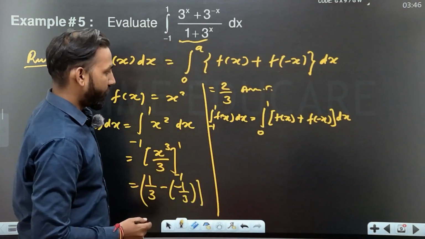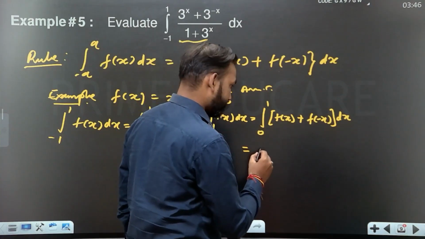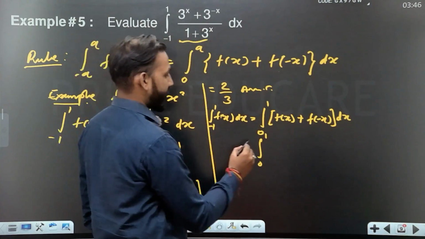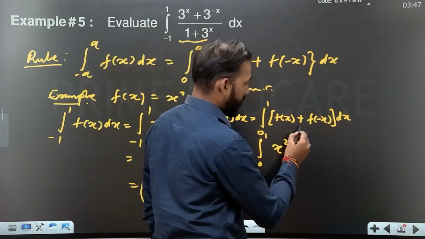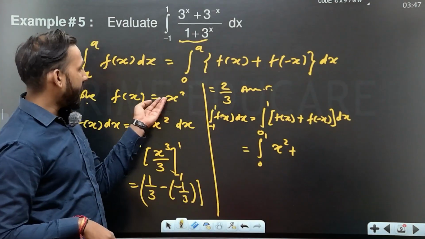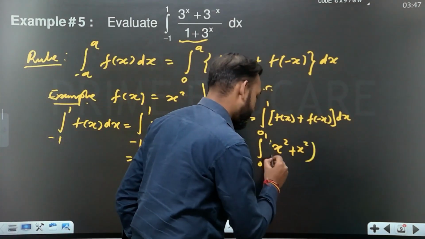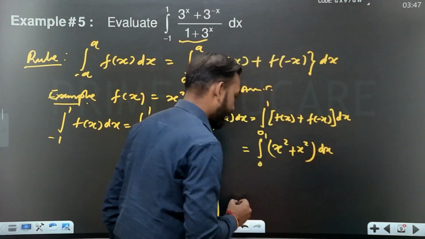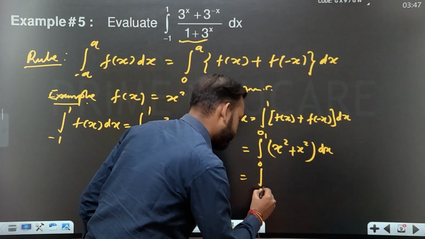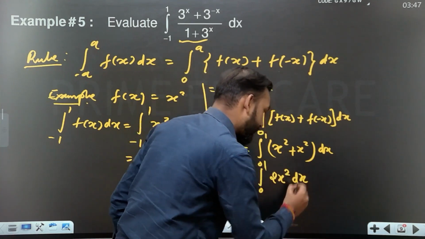Let's see what we get. Now this is the integral from 0 to 1, and f of x is x square, plus f of minus x. F of minus x is also x square. Then we have x square plus x square, which is 2x square, so the integral from 0 to 1 of 2x square dx.